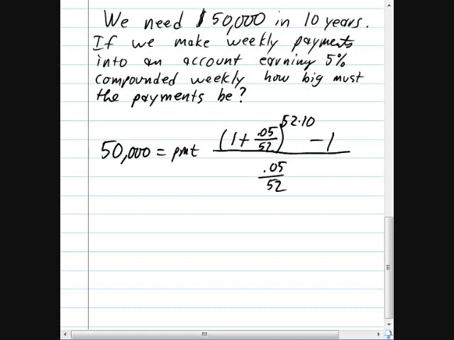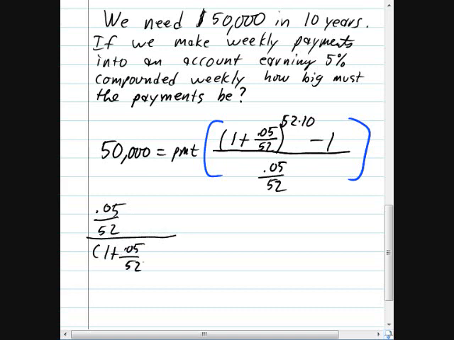So now we need to solve for payment. To solve for payment, we can divide both sides by the entire fraction. Again, as we've done before, when we divide by a fraction, you remember to flip and multiply. You don't have to, but it sure does save you in calculator work and can avoid some common calculator errors. So we have 0.05 over 52 divided by 1 plus r over m raised to the m times t, minus 1, all of this times 50,000.